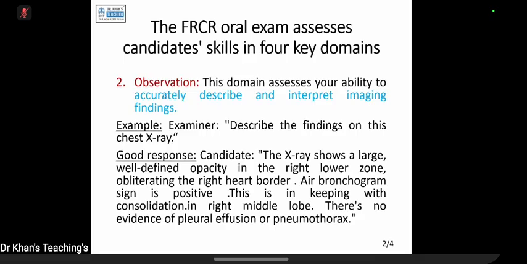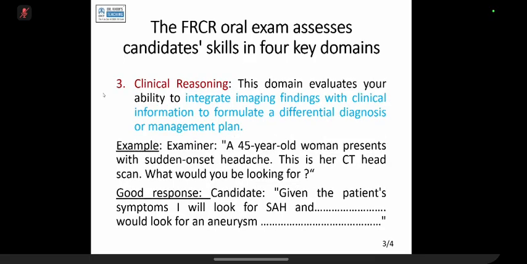Then the third domain is clinical reasoning. Now, in clinical reasoning, the key point is the history which has been provided to you. This is one of the key take home points: when the examiners tell you something in the beginning, may it be the age of the patient or the clinical history, you have to be very, very attentive.